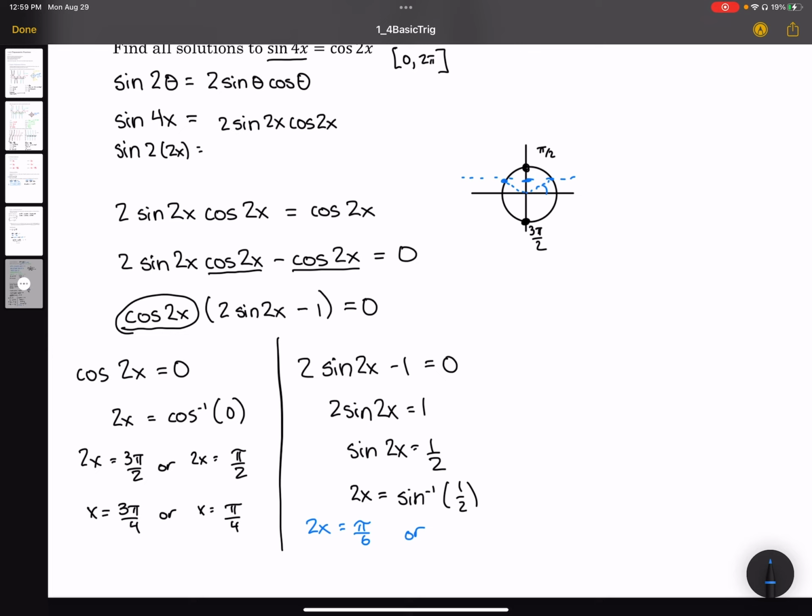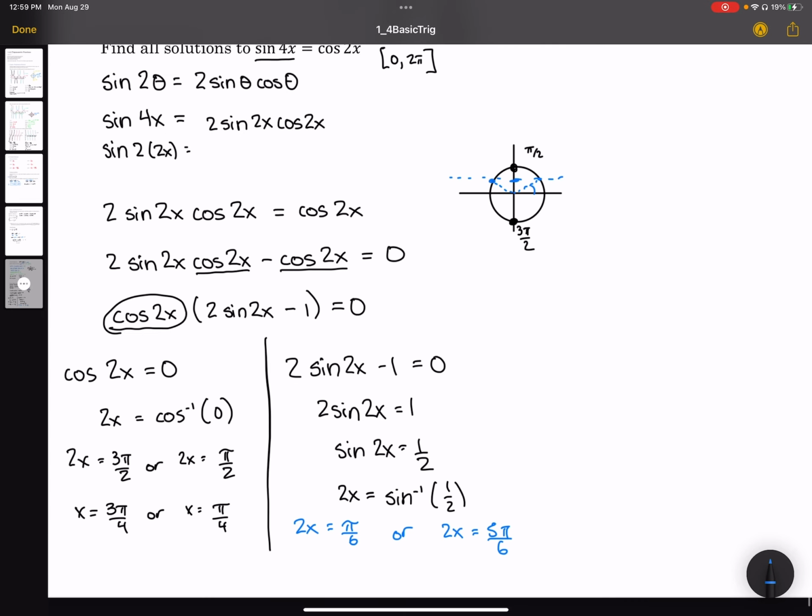Or sine is also positive in quadrant 2, and that's going to correspond to the angle 5 pi over 6. So in solving our equation, we divide both sides by 2, x equals pi over 12, or x equals 5 pi over 12.